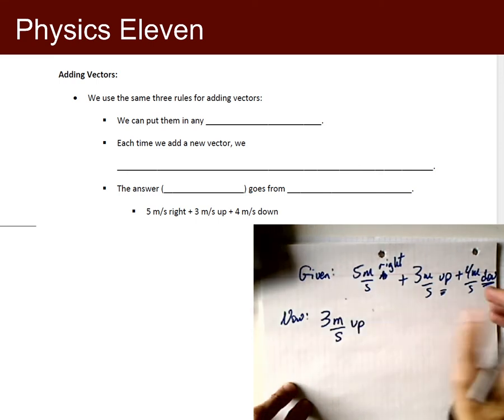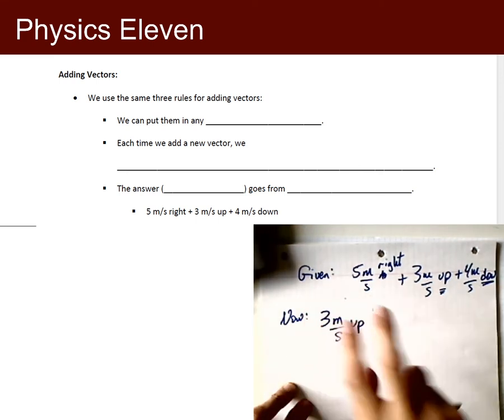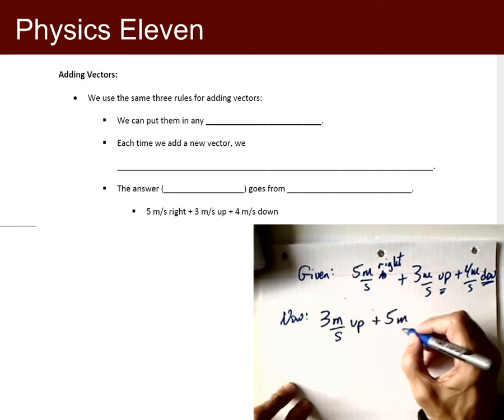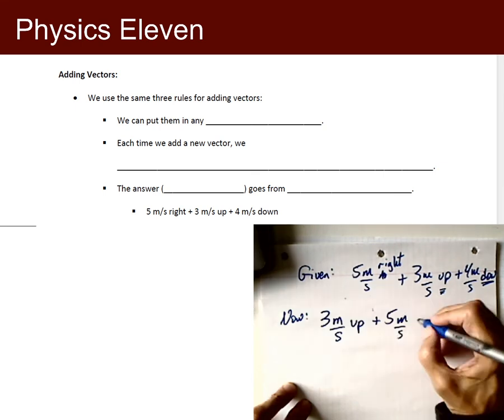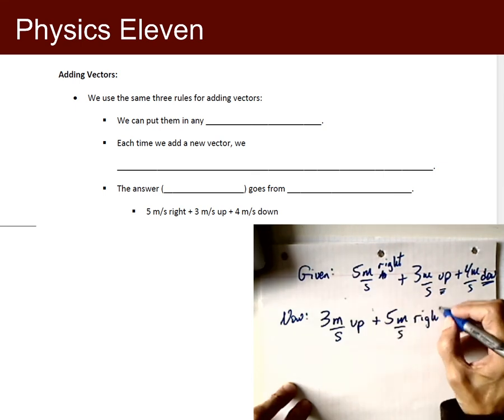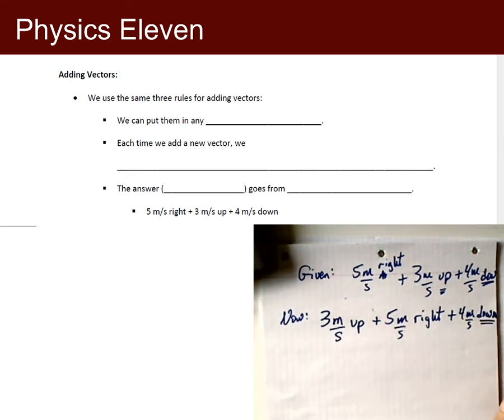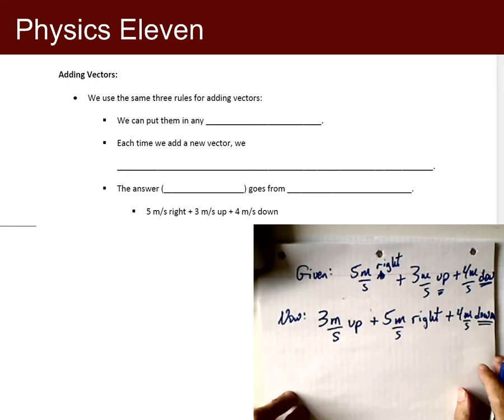So up like that, we put that first. Then we'll put it to the right. So we draw that vector next. And then we'll just have this one at the end. We'll keep it there. Meters per second. Down. It's still a little tight there. Down. On that side.